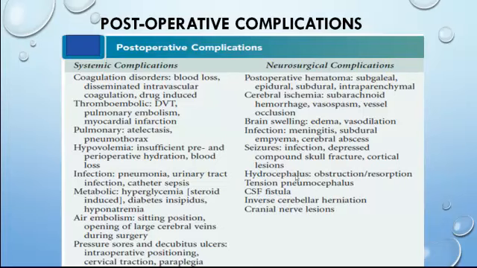While the neurological complication is a little bit specific, it is directed to the patient who has undergone a neurosurgery and could be post-operative hematoma, whatever the site is, cerebral ischemia, brain swelling, infection, seizure, hydrocephalus, or CSF leak, or cerebral herniation, or cranial nerve lesions.